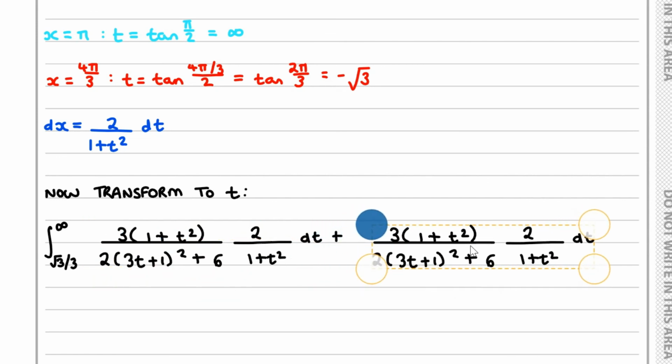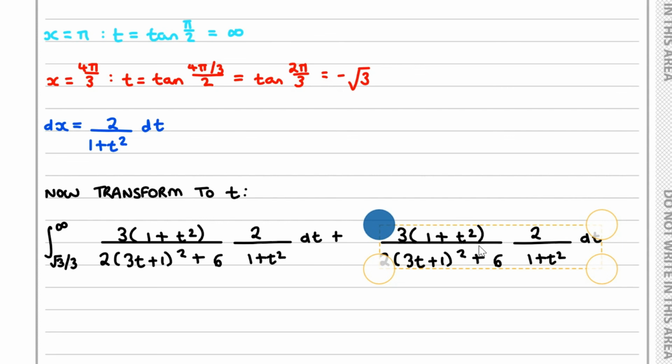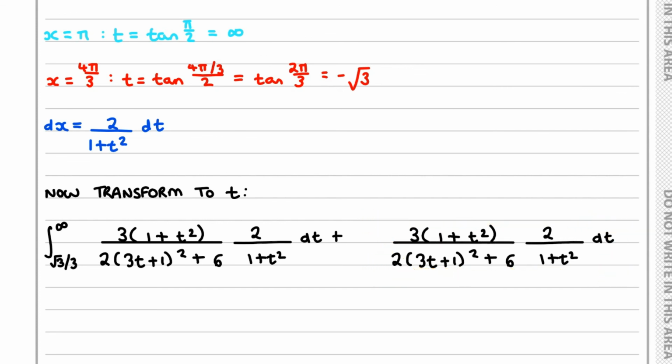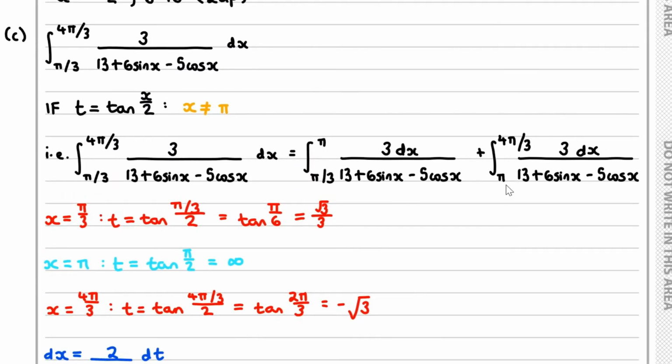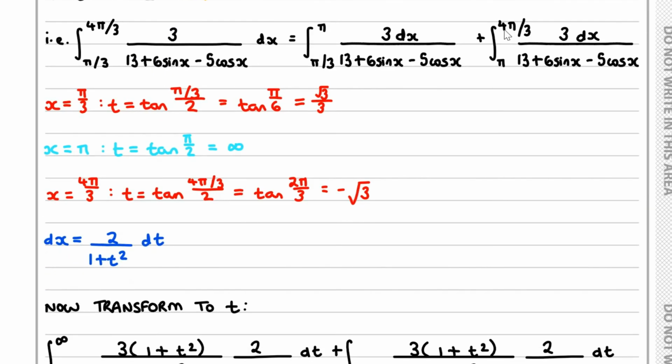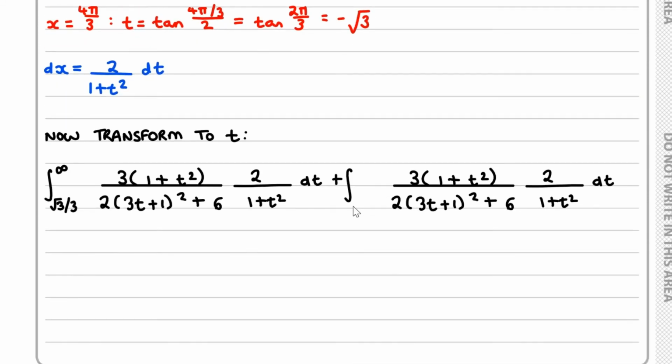So if we do that, we've got the integral from pi to 4 pi over 3. Well, 4 pi over 3, that'll be, in terms of t, minus root 3. So here we'd have minus root 3. But because our upper limit is minus root 3, our lower limit will be negative infinity.